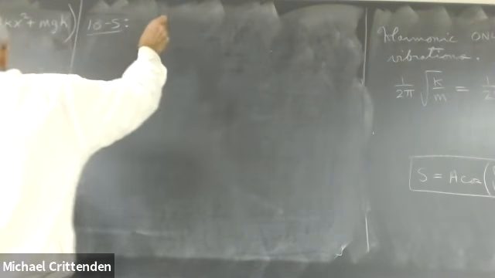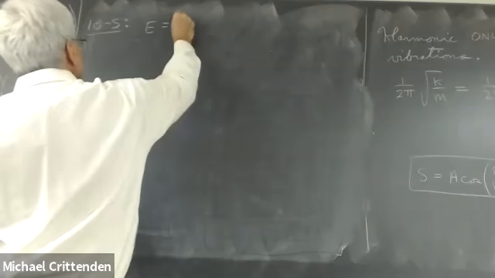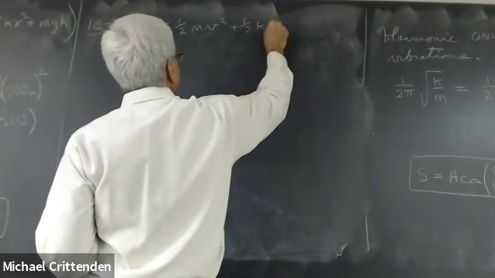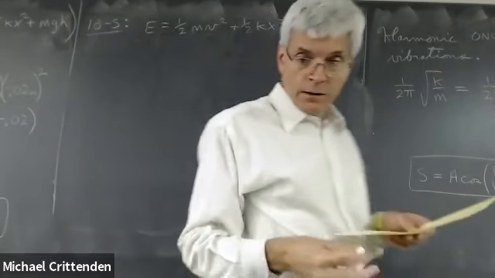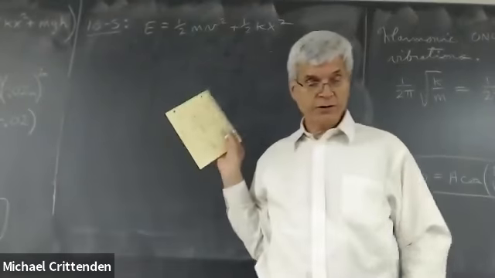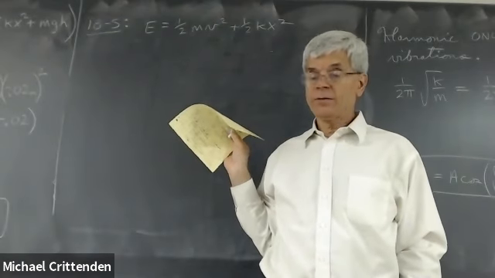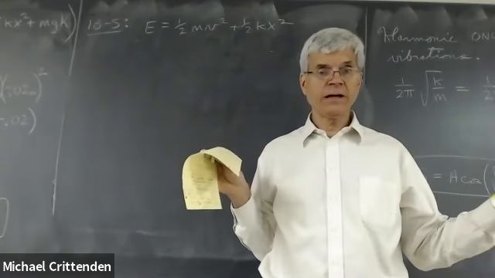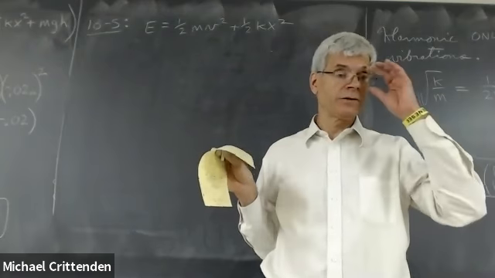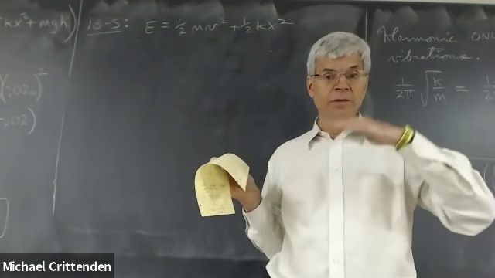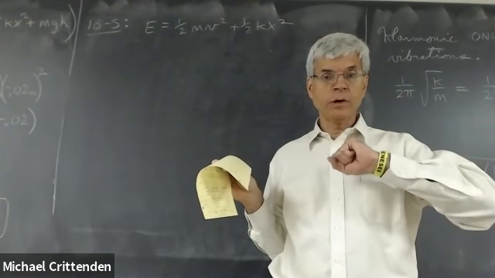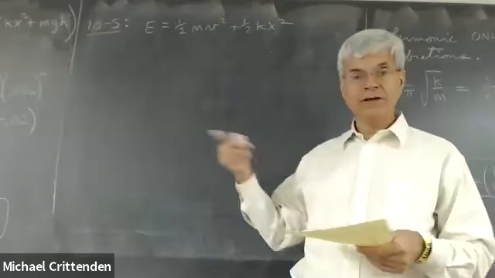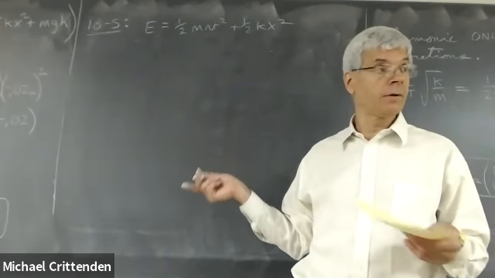This time, kinetic plus potential is just that, because it's moving on a horizontal surface. There's never any change in the gravitational potential energy. The smart thing to do would be measure your heights from the level where it is all the time, and that just makes initial and final gravitational energy 0, okay?